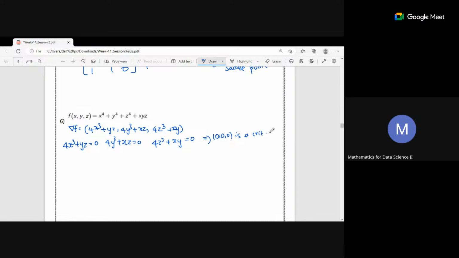But there must be some other critical points as well. So how to identify that? So I'm going to call these equations 1, 2, and 3. So what is 1 times of x, 2 times of y, 3 times of z?